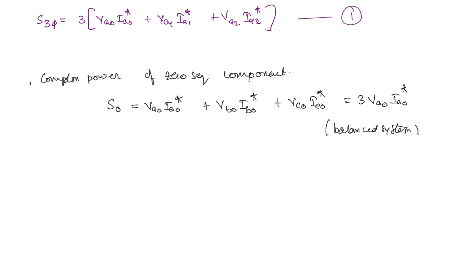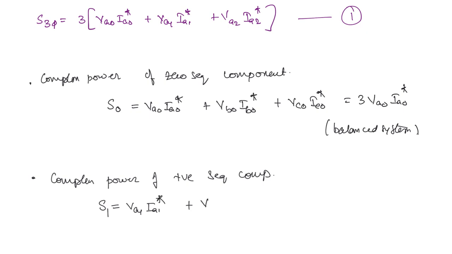Similarly, you can also write the complex power of the positive sequence component. If you take that as S1, what will this be? Va1 Ia1 conjugate, the A phase, plus the B phase, VB1 IB1 conjugate, plus the C phase, VC1 IC1 conjugate.